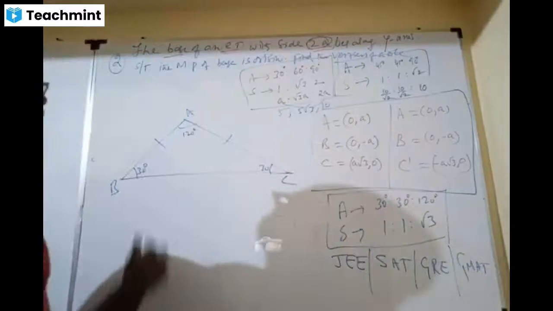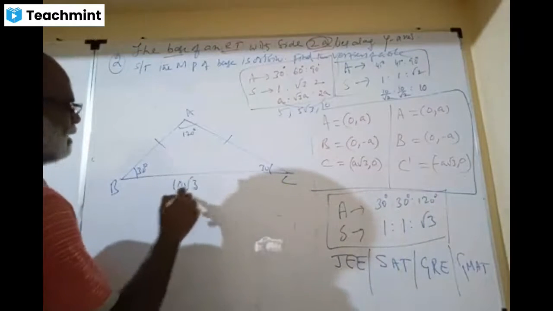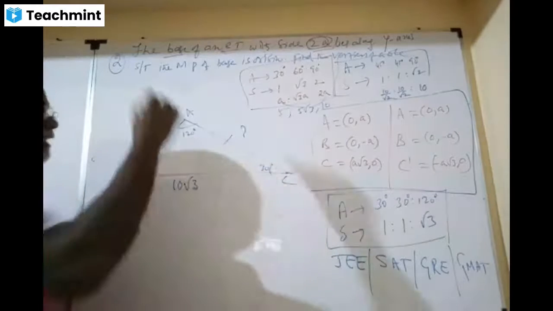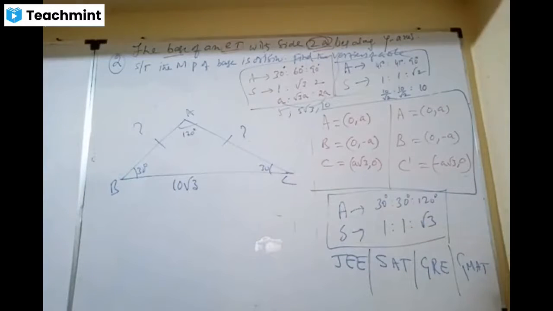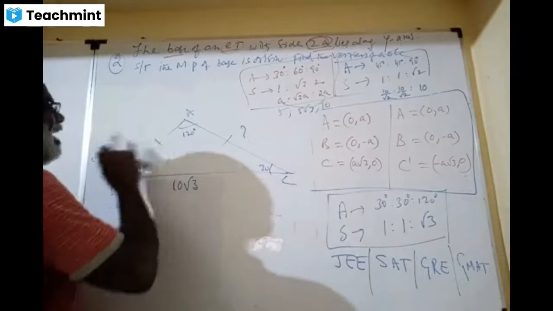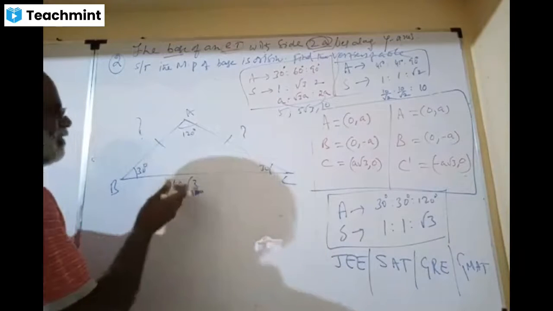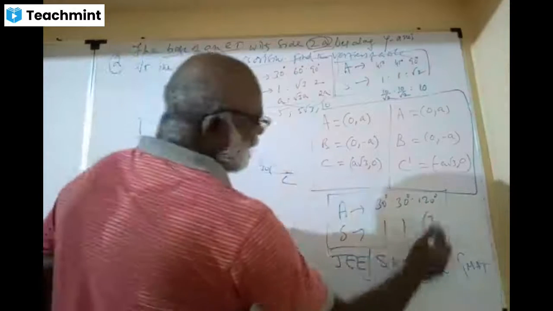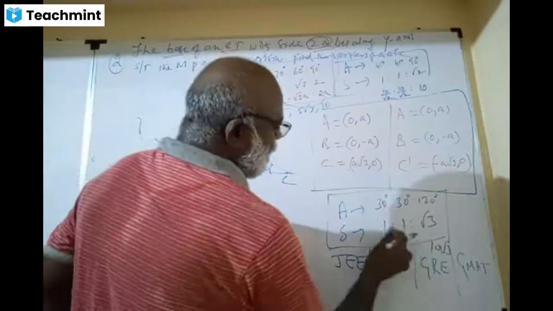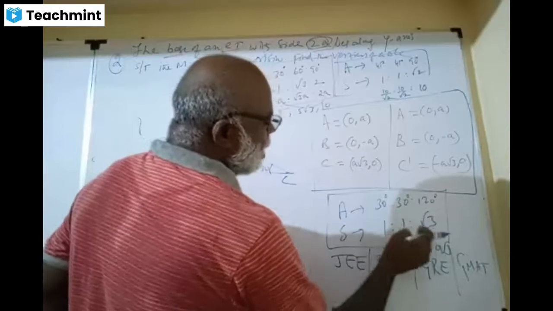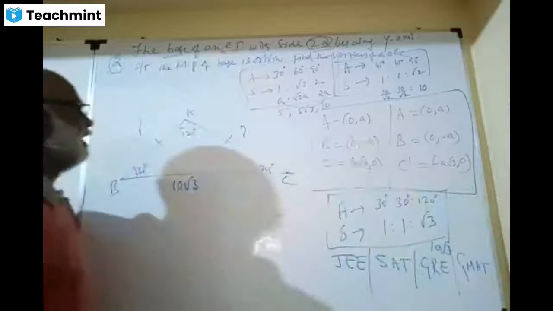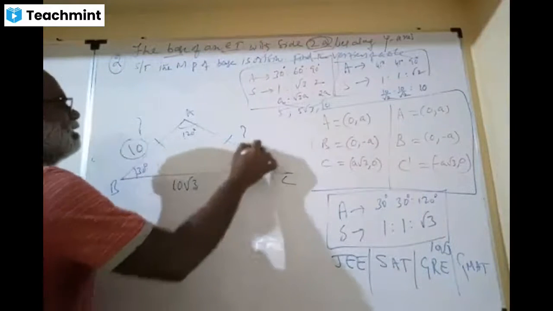Friends, this is 10 root 3, please. What will be these two sides, please? 10, sir. Good answer. 10 and 10, divide with root 3. Root 3 corresponds to 10 root 3, 1 corresponds to a smaller one, divide with root 3, you get 10 and 10 units. What a brilliant answer, my dears.